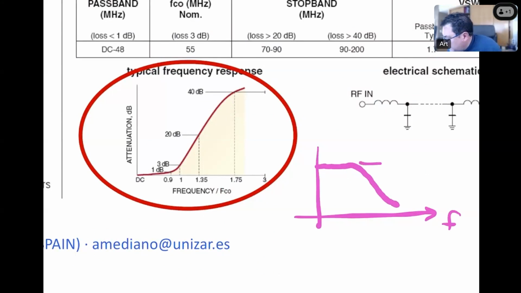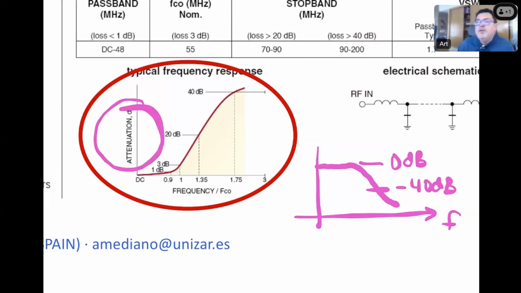So this is 0 dB, and you will be attenuating minus 40 dB at some specific frequency. If you specify attenuation, you see that the curve is mirrored, and you obtain more attenuation as you increase the frequency. And this is the filter I will be analyzing.